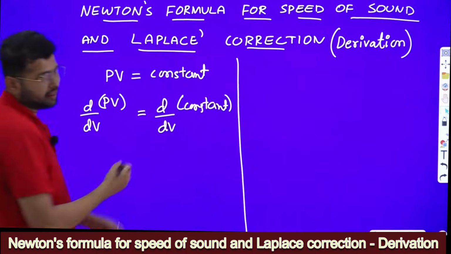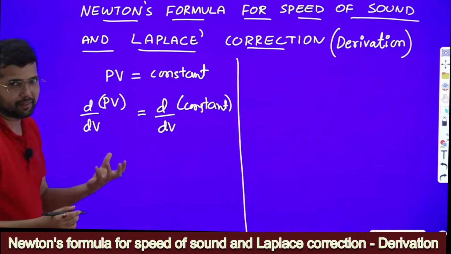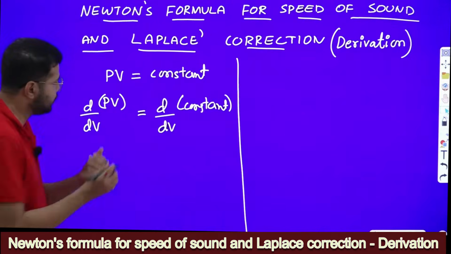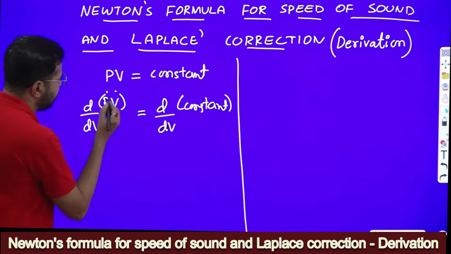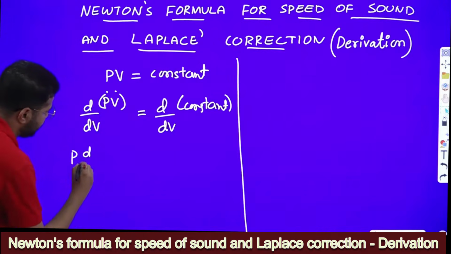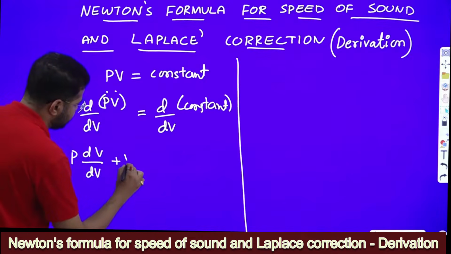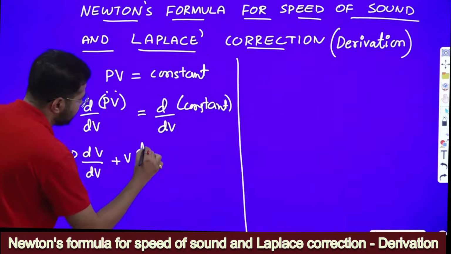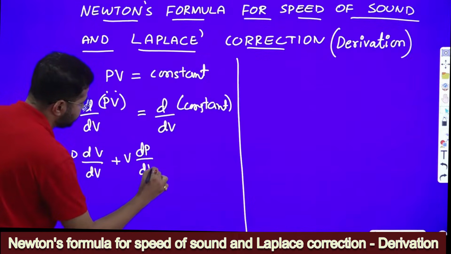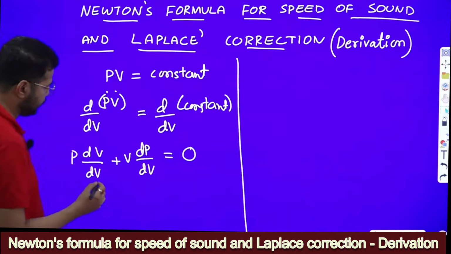We know that differentiation of a constant is equal to 0, and we differentiate the left side using the UV rule: first function into differentiation of second function V, plus second function into differentiation of first function, is equal to 0.